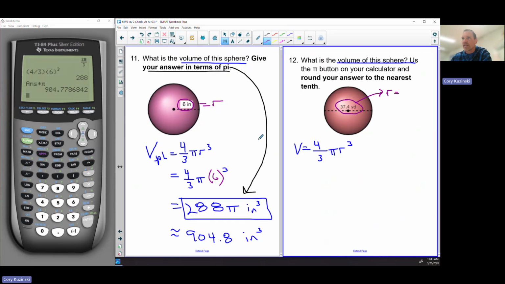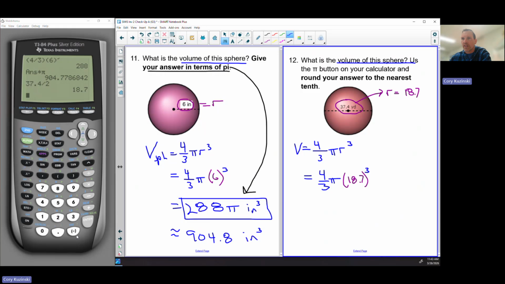The radius would be half of that. 37.4 divided by 2 is 18.7. So that's the number I need. That's the only number I need, like literally. That and pi, I guess, and this 4/3. So we're going 4/3 times the pi button on our calculator. We're doing 18.7 cubed. It says to round to the nearest tenth.